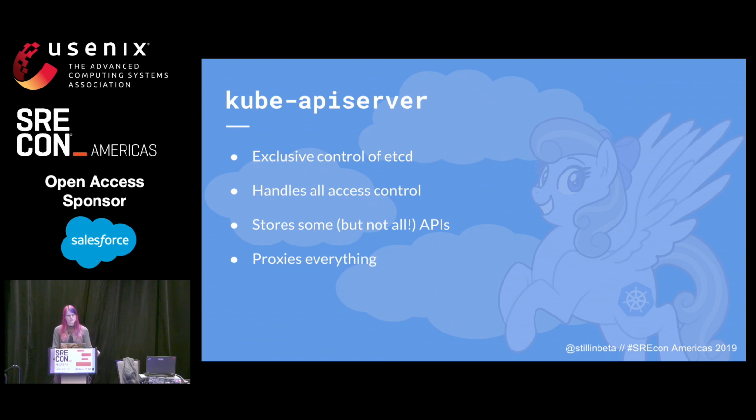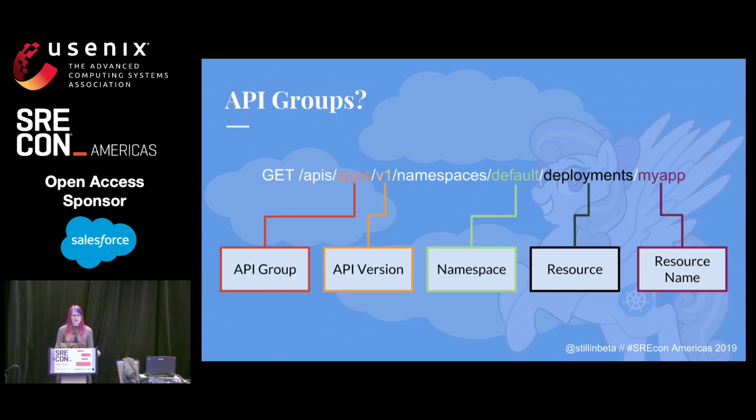So a lot of APIs are actually written inside of API server, as you might expect, but that's not necessarily the case. So if you create an API group, you can see here, this is deployments. This is a very common thing to work with. We have an API group. Remember I told you core was special?